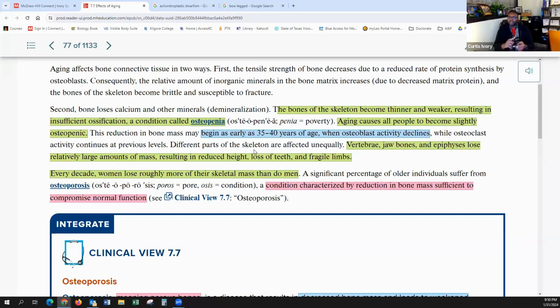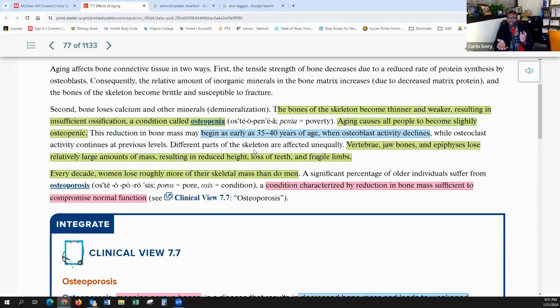Like vertebrae, jaw bones, epiphyses, they tend to lose activity, which means, especially in the epiphyses of long bones, there's more osteoclasts, which means it's breaking down bone more, which means that my bone tissue is going to start shrinking. And so essentially by the age of 35, 40, I could potentially go from 6'3" down to maybe 6 foot or 5'9". So I can start decreasing in size as I get older.